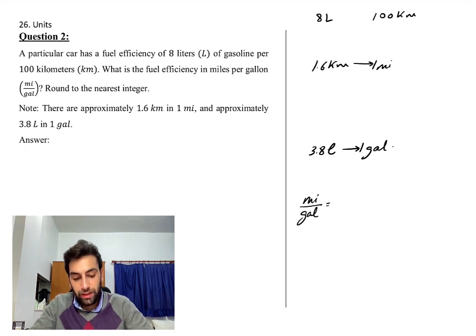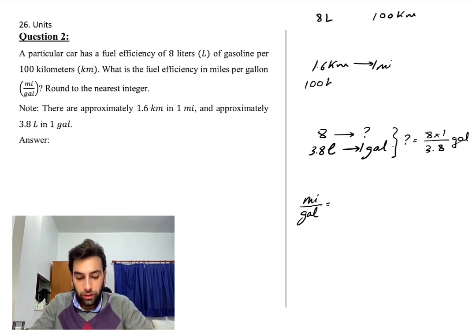Now, if we have 8 liters, then how many gallons do we have? From this, we have the question mark equal to 8 times 1 over 3.8 in gallons. And if we have 100 kilometers, then how many miles do we have?